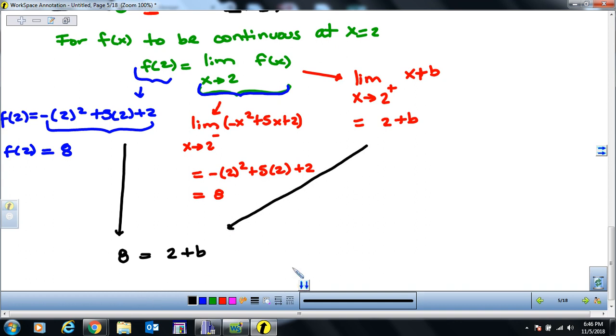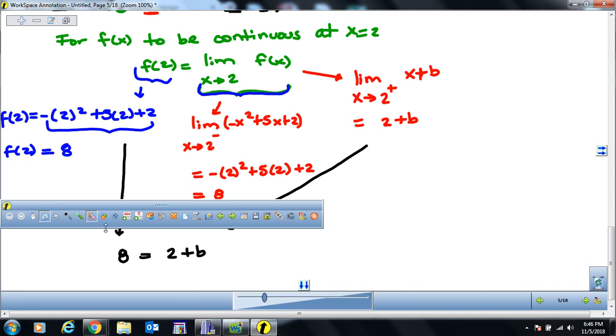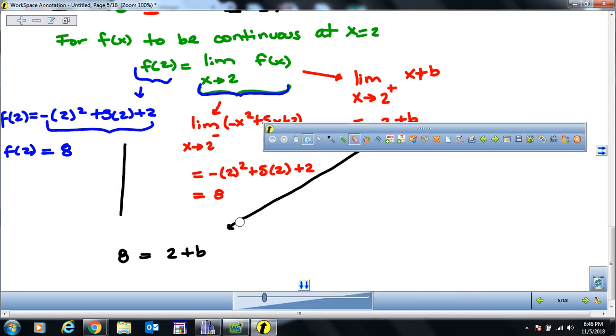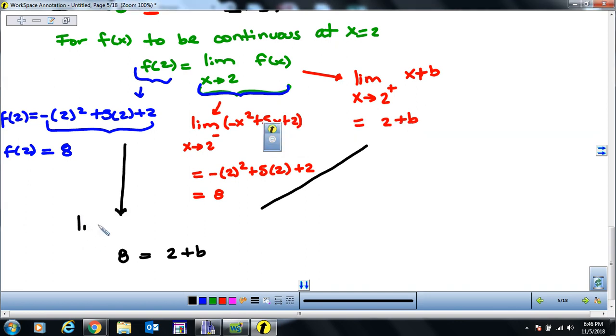Okay. So with this, I'm trying to equate them to each other. Let me give myself some room. This 8 would be the answer of the limit of f of x as x approaches 2 from the negative side, but at the same time, that's the answer of the substitution of 2 into that function, which is f of 2. So this is the same thing.